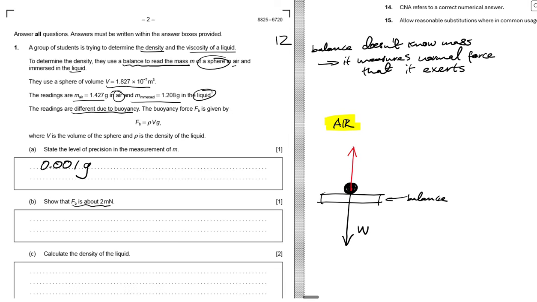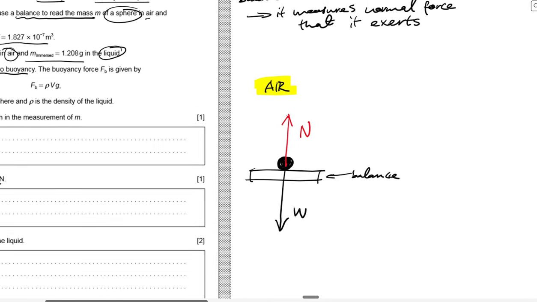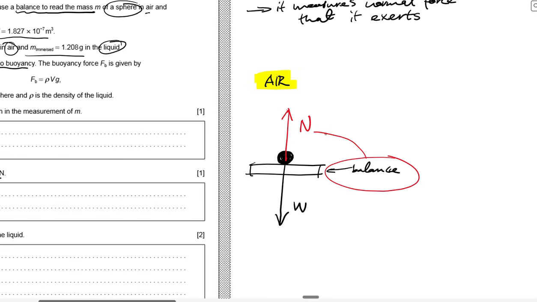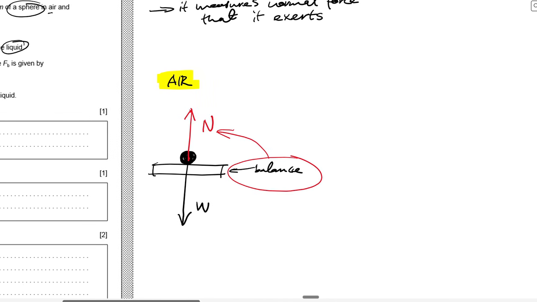So we have a weight and we have our normal reaction force, right? And so what the balance measures is this. It does not measure the weight. It measures the normal force and then divides by g. And so that's how we get our mass.